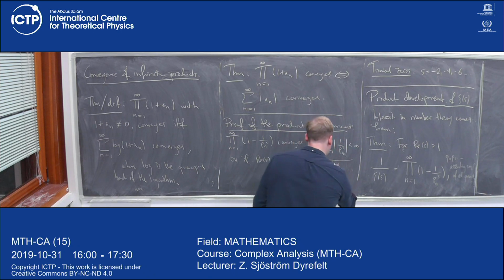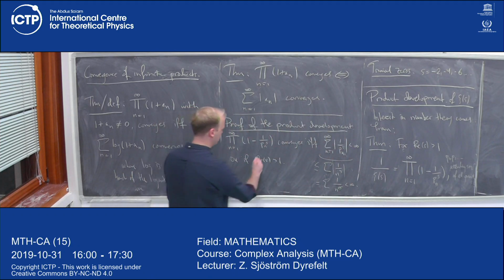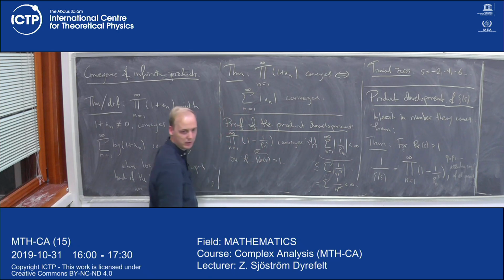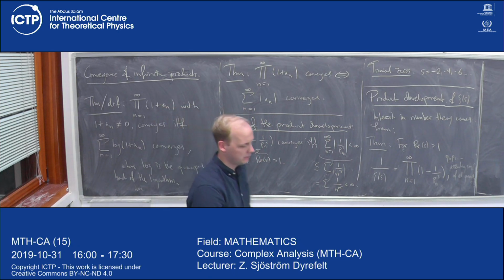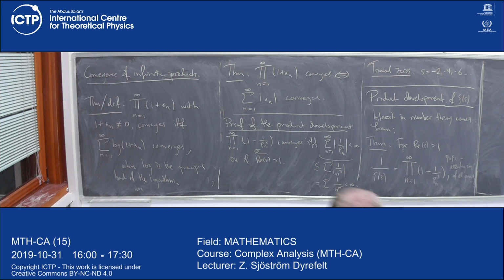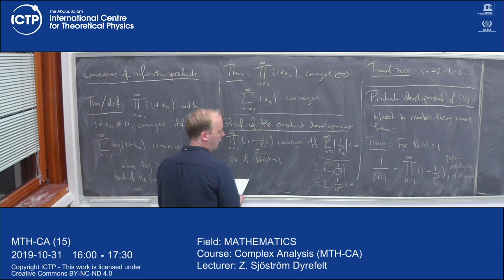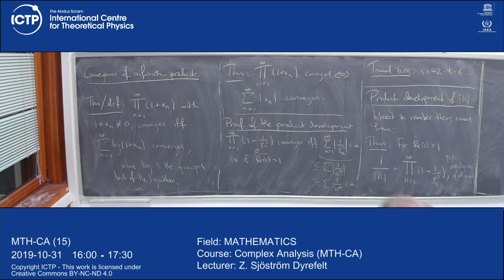Which is equal to the sum of 1 over n to the sigma. So if sigma is greater than 1, then this converges. Now, assuming that sigma is larger than 1.